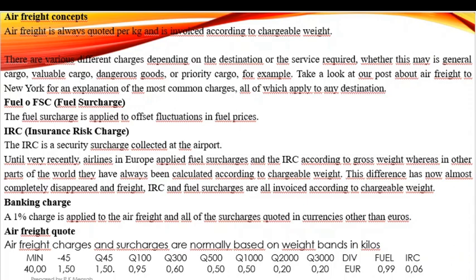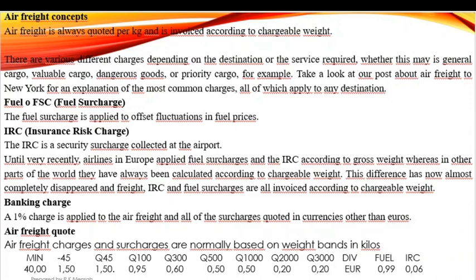Ocean freight, they charge higher. But for air freight, because you have so many things to go. So if your consignment is less than 45 kilos, it is 1.5. If it is 45 up to 100, so up to 99 is going to 1.5. That's what it means there.